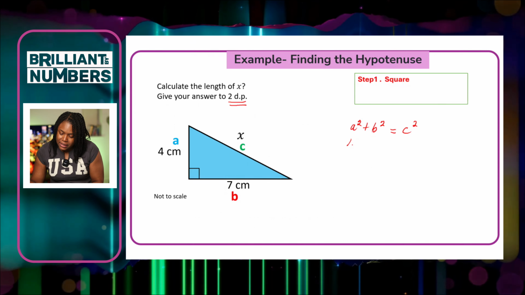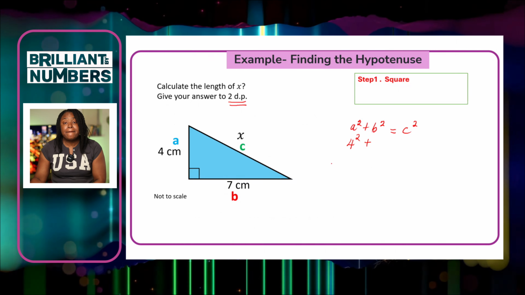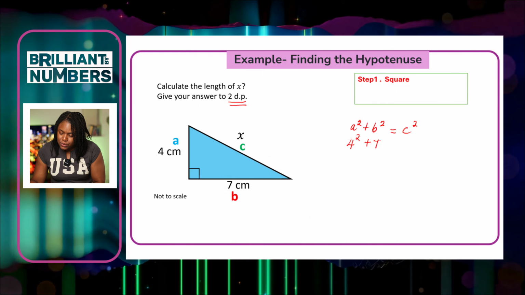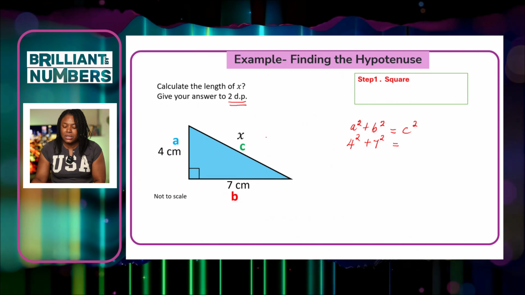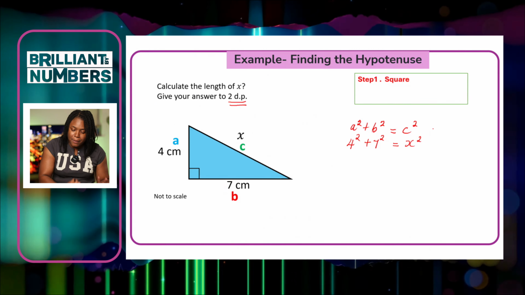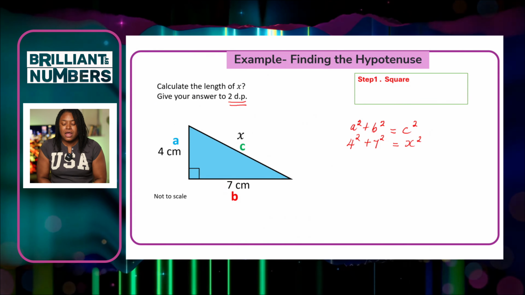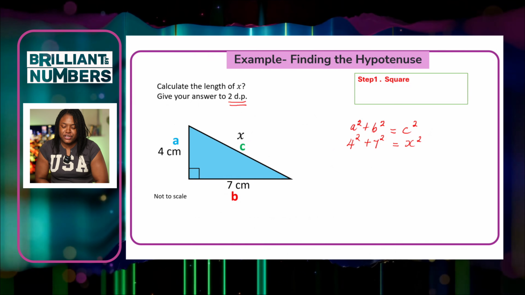Let's substitute that in. So we're essentially doing 4 squared plus B is equal to 7, so we're doing 7 squared. And that would be equal to x squared. So remember, we're substituting from our diagram into the formula. So step 1 is to square the numbers.